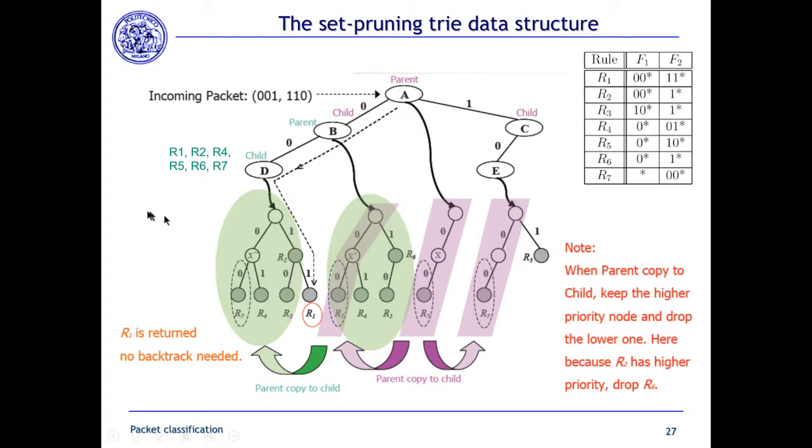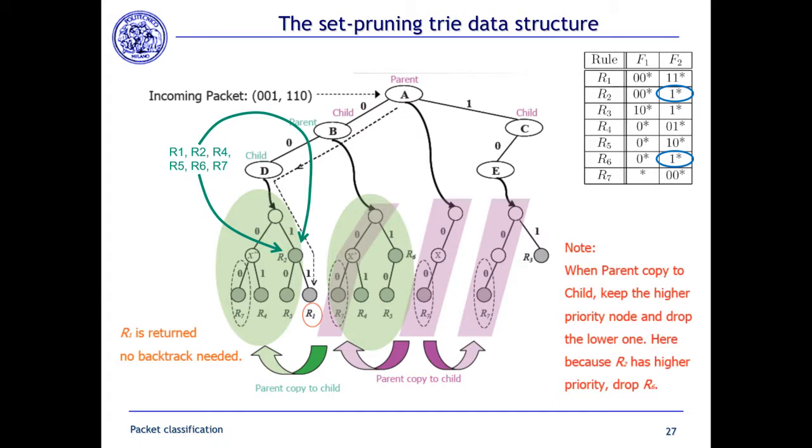Then we have to notice that when we copy the tree attached to B into D, we have a duplication of rules in one node, because the original rule R2 that was already present here, even without set pruning, is copied to this node. But on this node you also have to consider that there is rule 6, which comes from the rules that were copied from B.